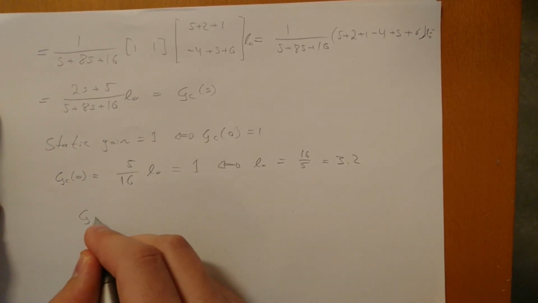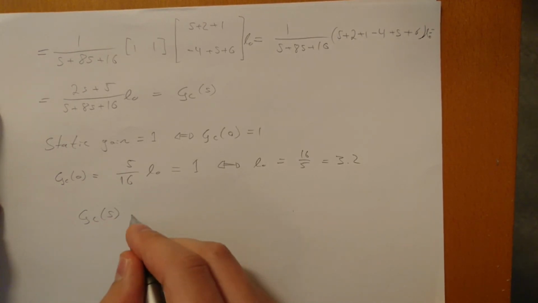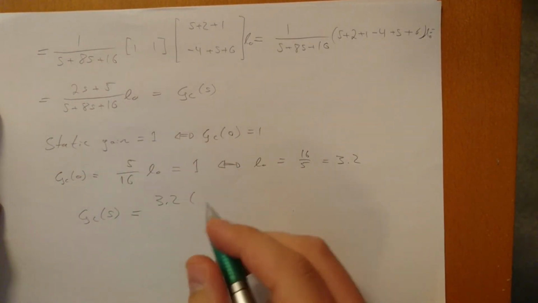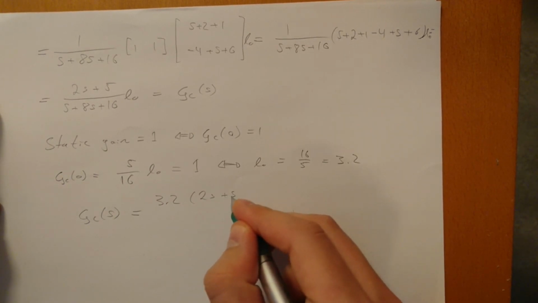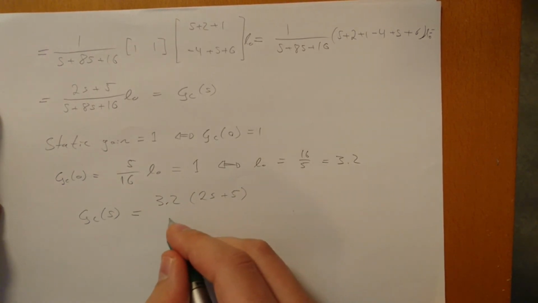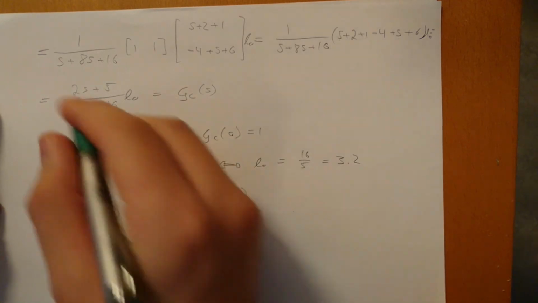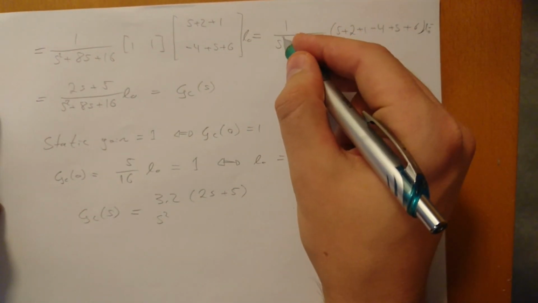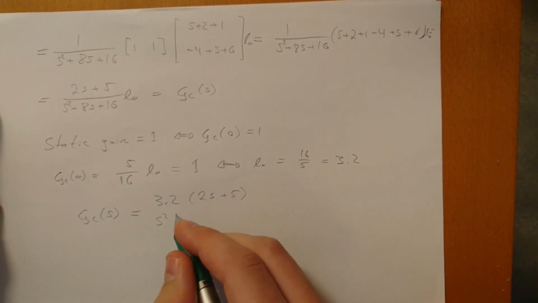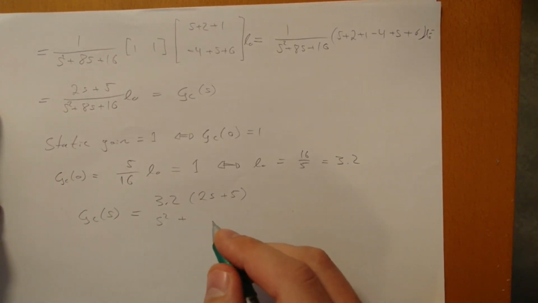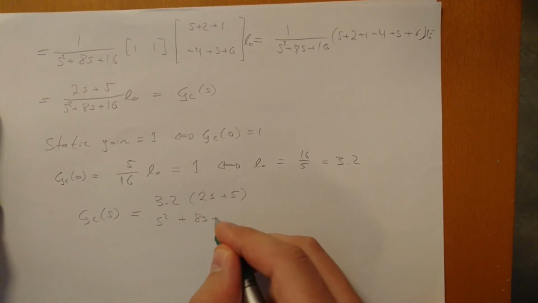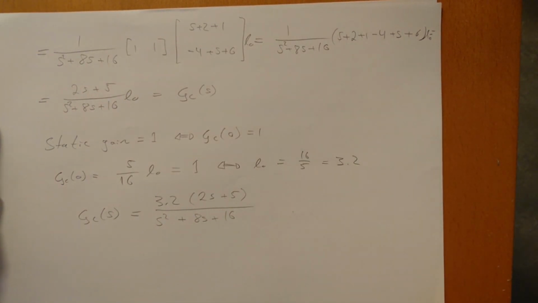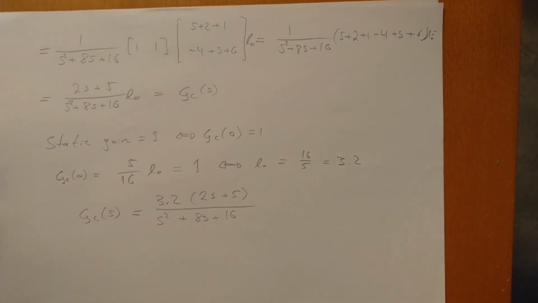So the final transfer function becomes 3.2 times this thing, 2s plus 5 over s squared plus 8s plus 16. Sorry for that, forgot it everywhere. Okay, so I think that's it.